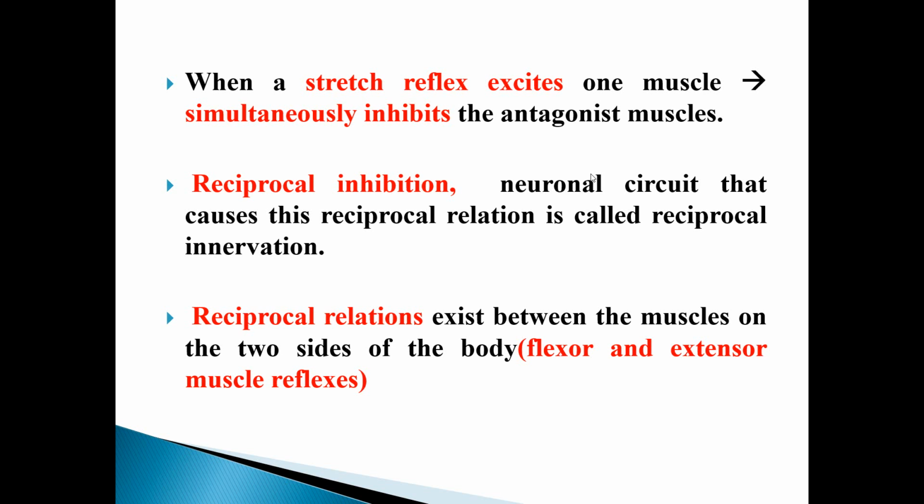The neuronal circuit that causes this reciprocal relation, that when one muscle is reflexing, the other muscle is relaxing at the same time, is called reciprocal innervation. Reciprocal relation exists between the muscles on the two sides of the body, the flexor reflexes and extensor muscle reflexes.